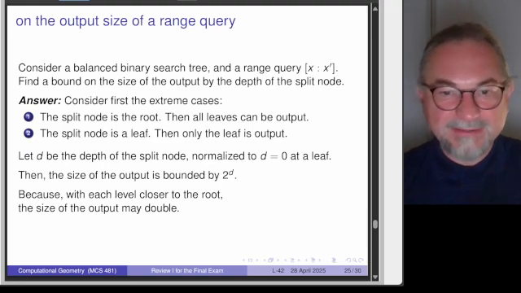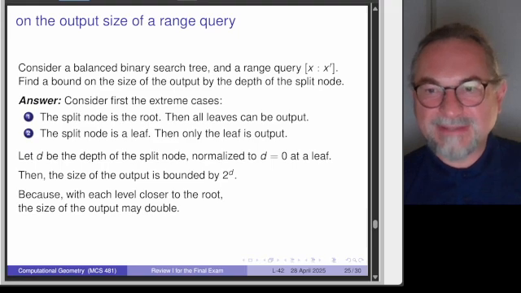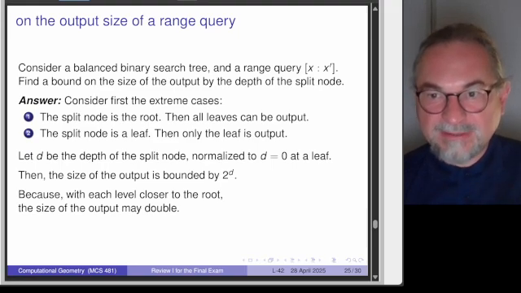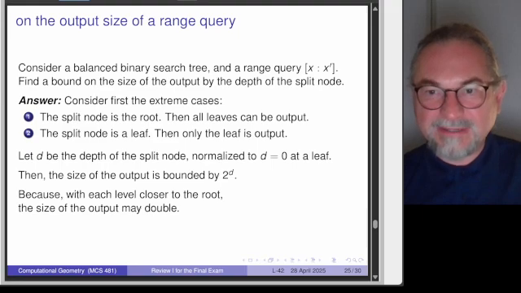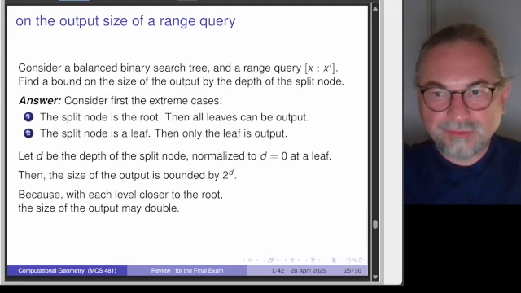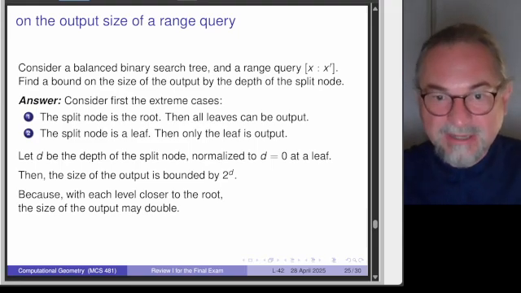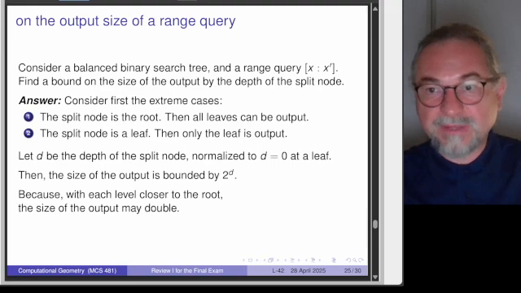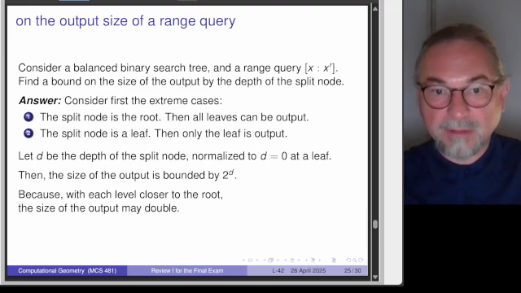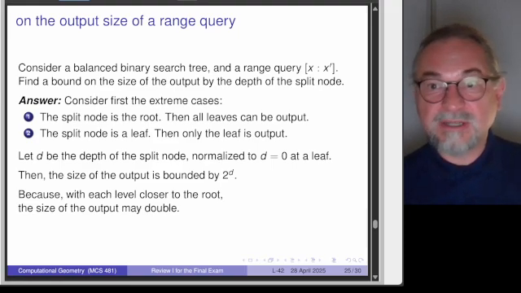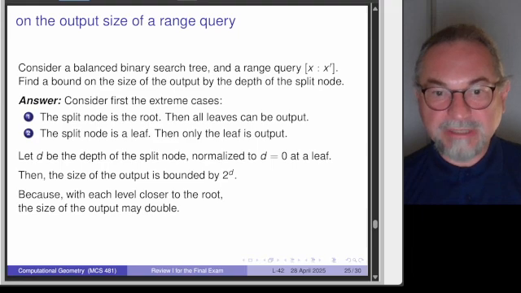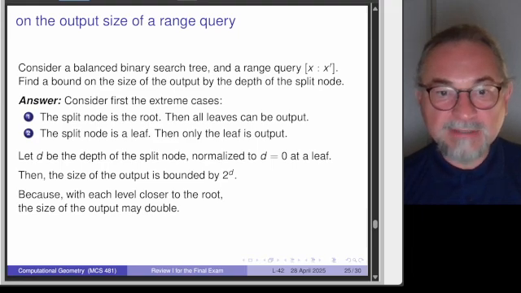Here I normalize it so that depth 0 is at the leaf, and at the root we are at the height of the tree. Then in each case the size of the output can double. So actually the size of the output is 2 to the power d. And the argument is phrased in the last sentence.